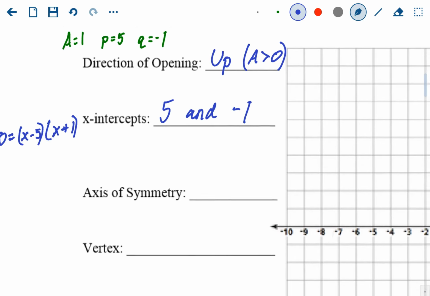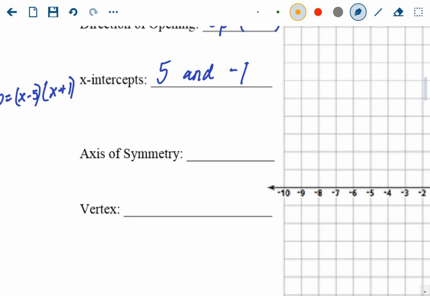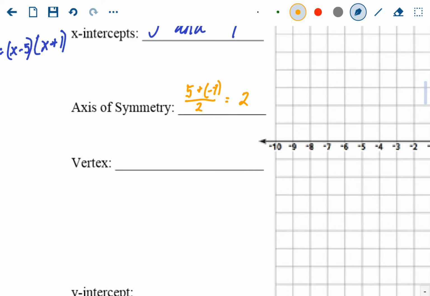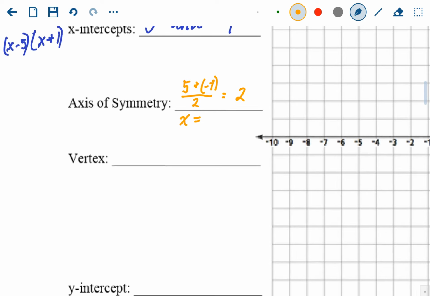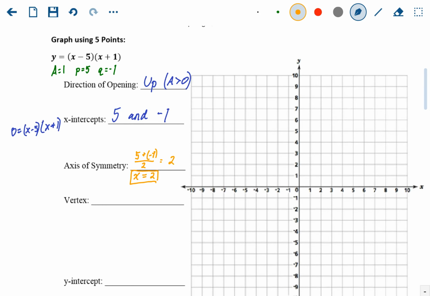Alright, the axis of symmetry. Remember, the axis of symmetry is going to be halfway between your two x-intercepts. So we can do 5 plus -1, divided by 2, and you get an axis of symmetry of 2. Now, a pet peeve of mine is when people just write 2. The axis of symmetry is a line, so it's x equals 2. I guess we might as well graph this as we go.